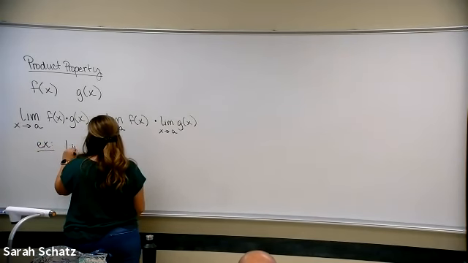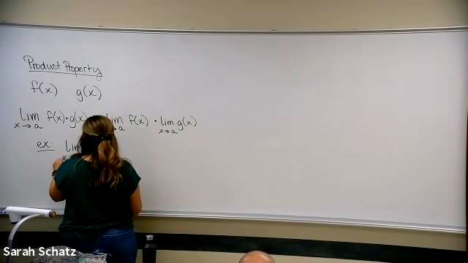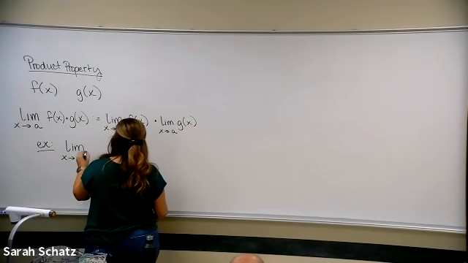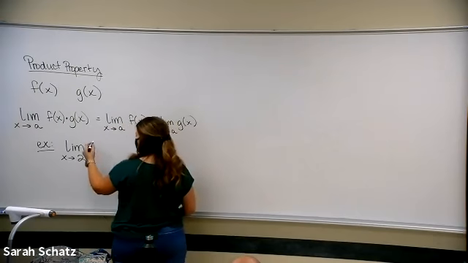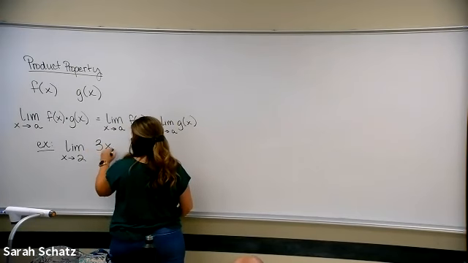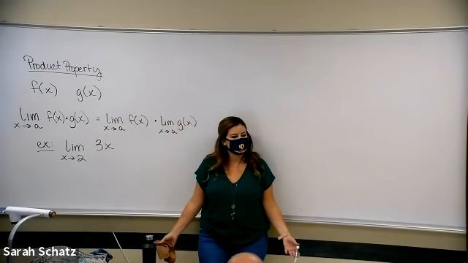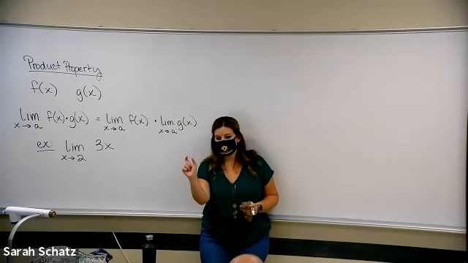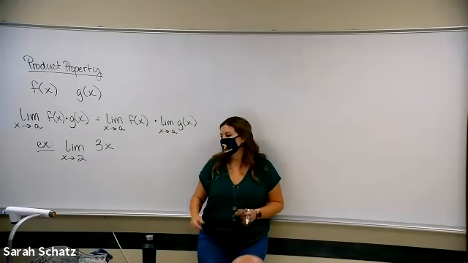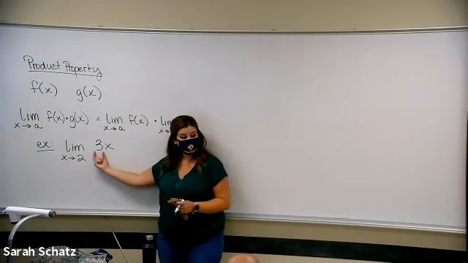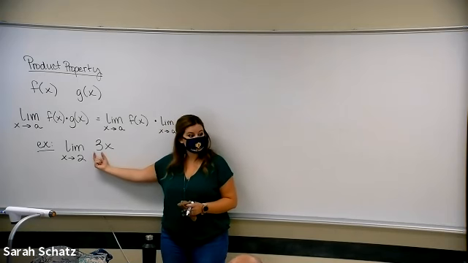I want to find the limit as x approaches 2 of the function 3x. I say, oh, well, there's just one function there. It's just 3x. But remember how small our building blocks are. I can say this 3 is its own function. It's a constant function.